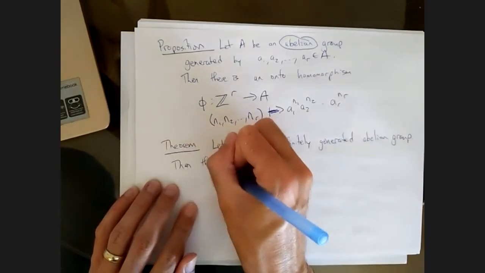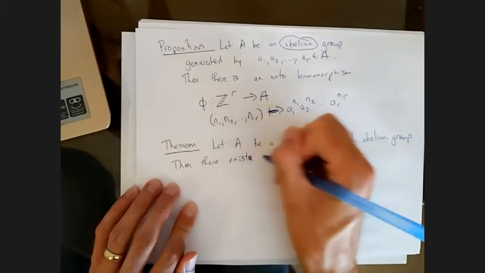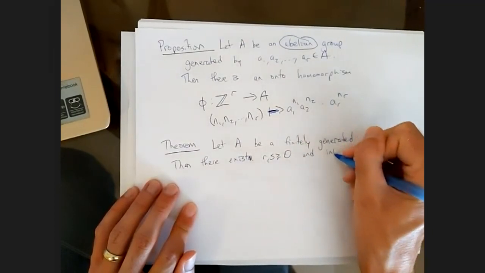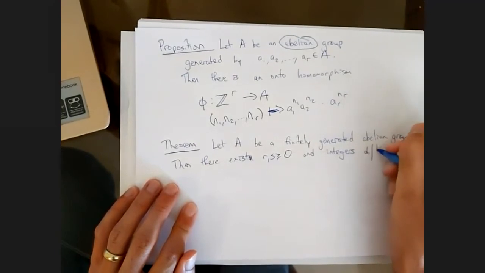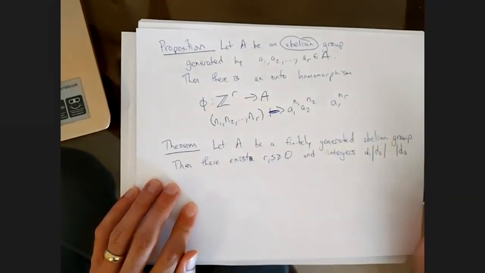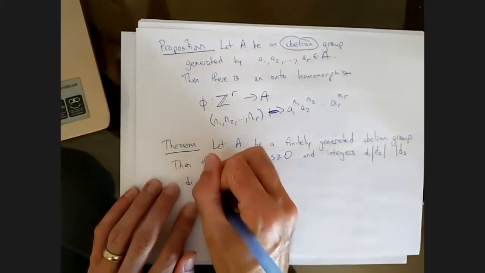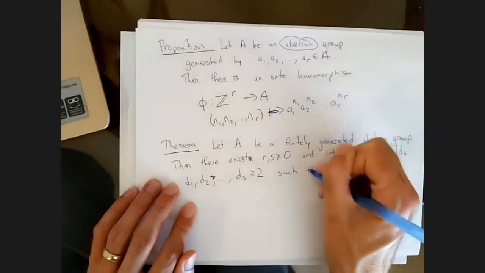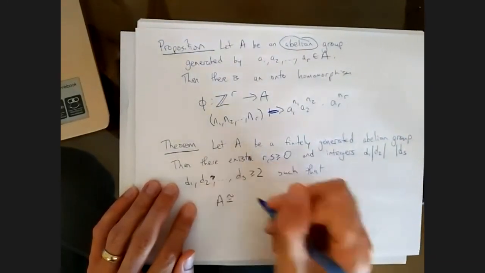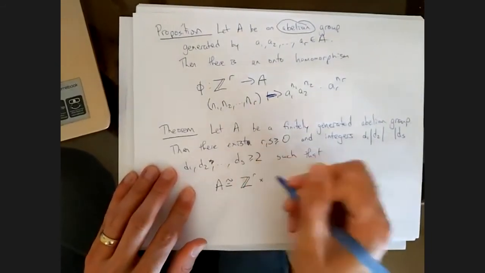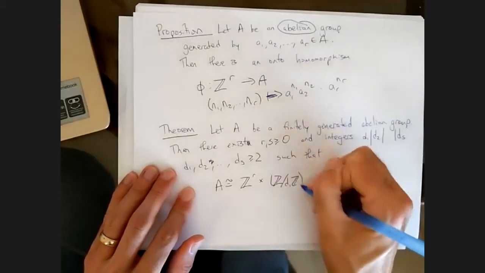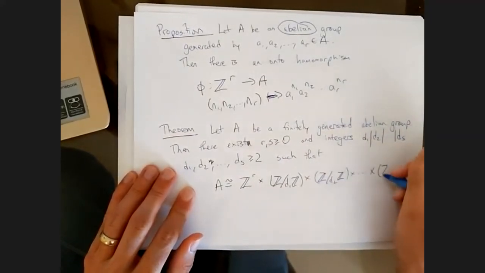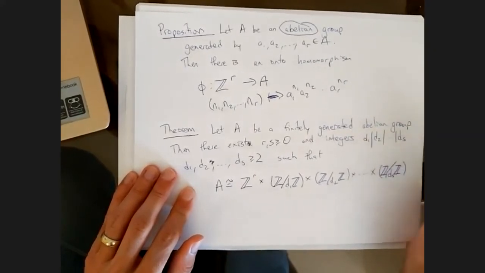Then there exist r and s greater than or equal to 0 and integers d1 dividing d2 dividing all the way up to ds, all greater than or equal to 2, such that A is isomorphic to a direct product, Z^r times Z mod d1 Z times Z mod d2 Z, etc.